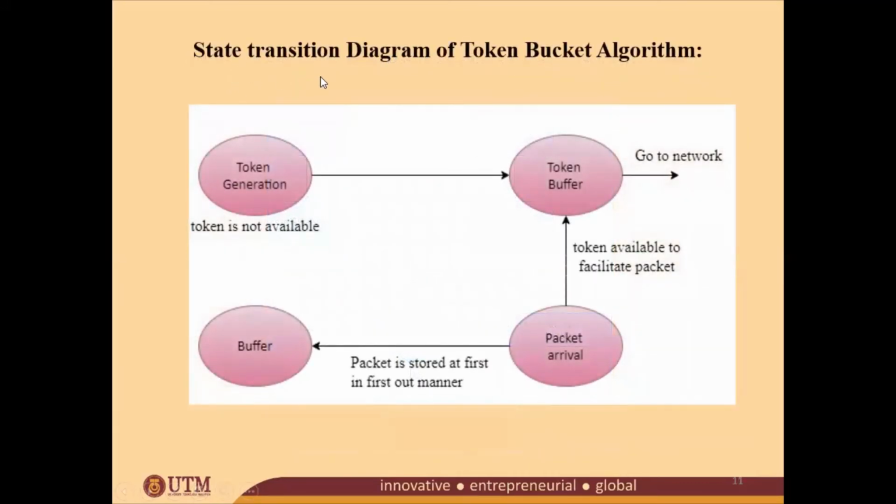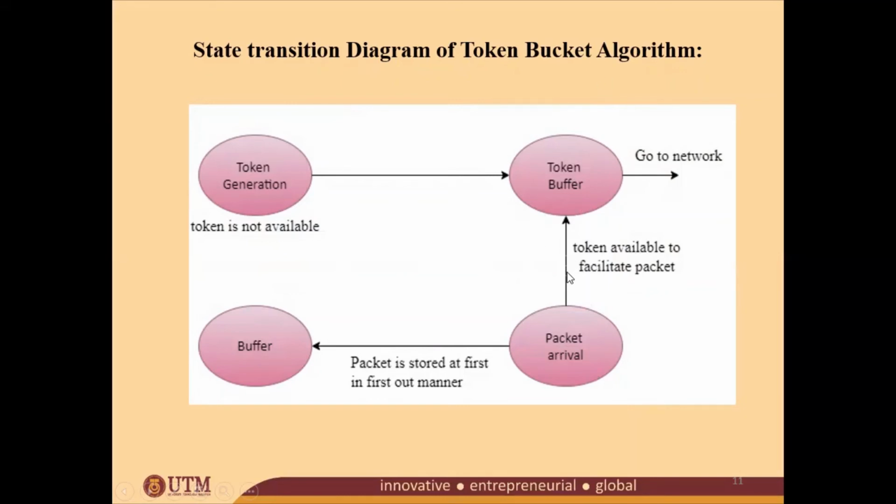Then, the state transition diagram of the token bucket algorithm. If a token is not available, it generates a token by the token generation and sends the token to the token buffer. On the other side, the packet arrives at the packet arrival, and then it checks the token buffer whether a token is available or not to serve the packet.